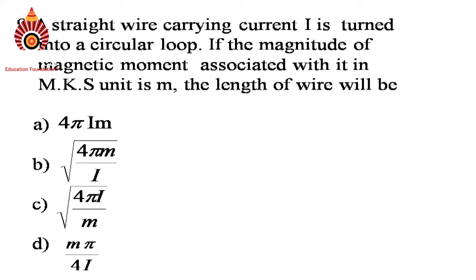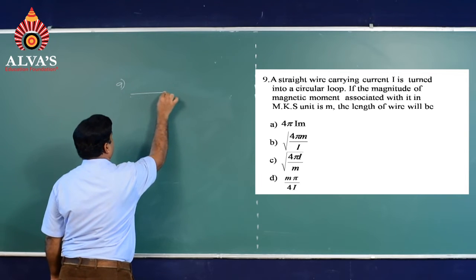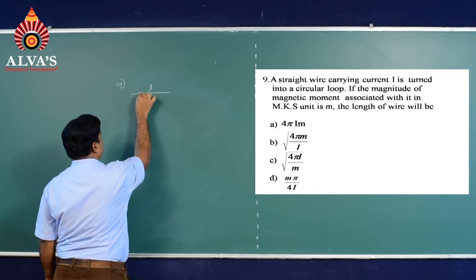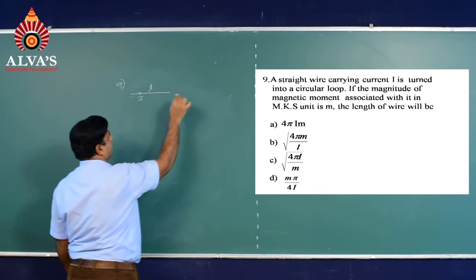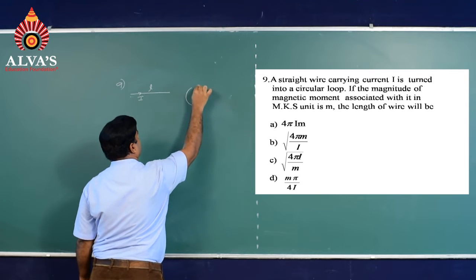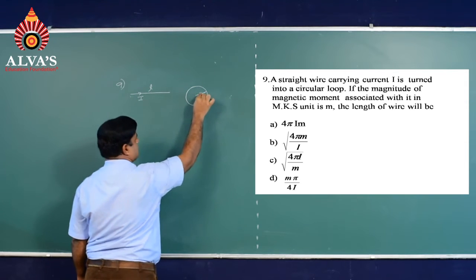A straight wire carrying current I is turned into a circular loop. If the magnitude of magnetic moment associated with it in MKS unit is M, the length of wire will be. Straight wire carrying current I whose length L is converted into a circular loop of radius r.